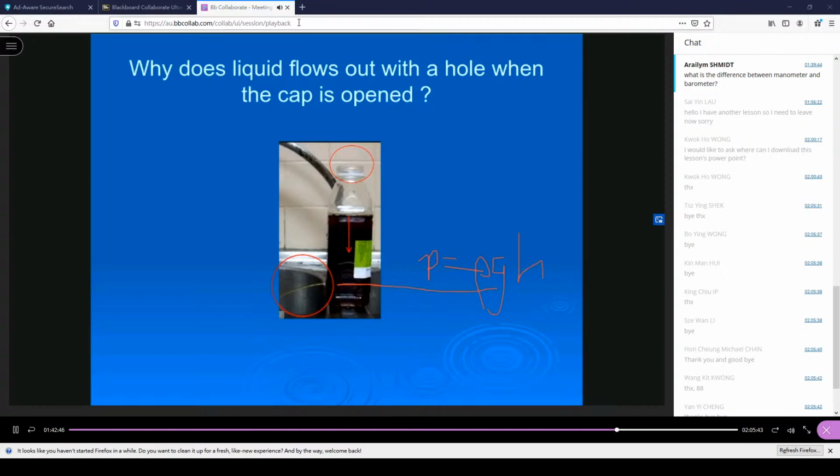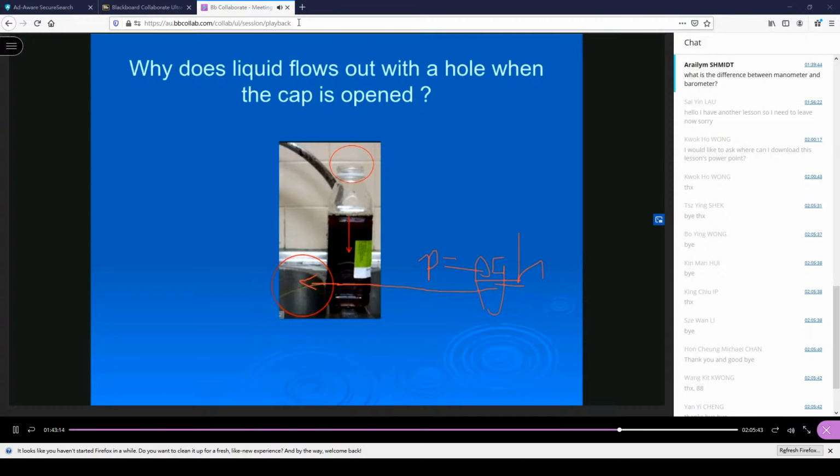Because atmospheric pressure is here and atmospheric pressure is there, the two pressures balance. So when we open the cap, the pressure here equals ρgh, and the water will come out because the pressure here is higher than atmospheric pressure by this amount. So water is forced out of the hole, right? So no problem.